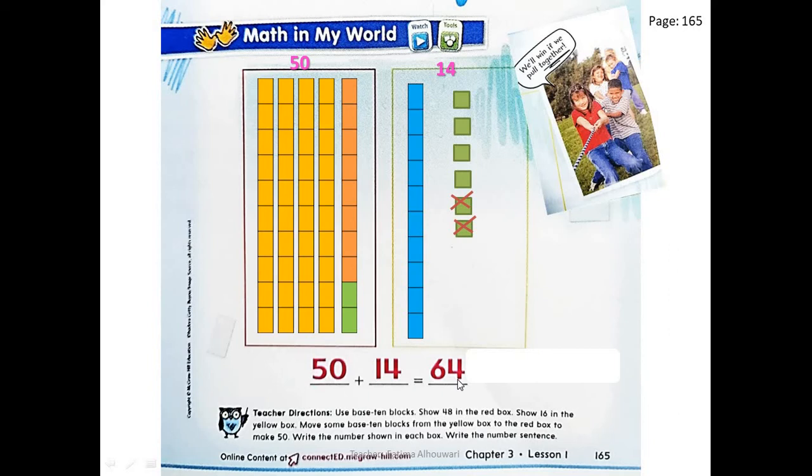Excellent, grade 2. The sum is 64. Let's take a look again at these blocks. Here we have 1, 2, 3, 4, 5, and 6. We have 6 tens and 1, 2, 3, 4. And we have 4 ones. So the total is 64. Interesting. So please, grade 2, be sure to draw these blocks in your book, page number 165. And don't forget to write this addition sentence.